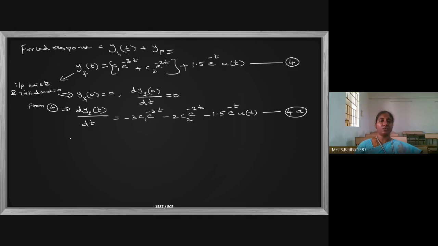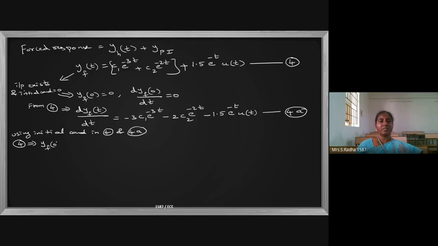Now substitute the initial conditions in equation 4 and 4a. Now in equation 4, you have to put t equal to 0.